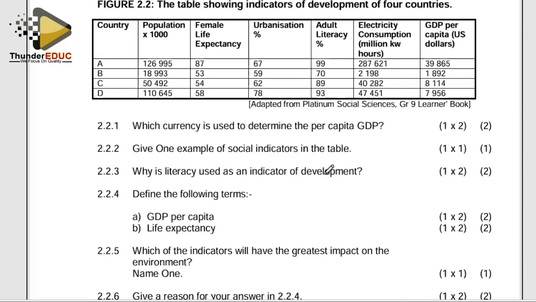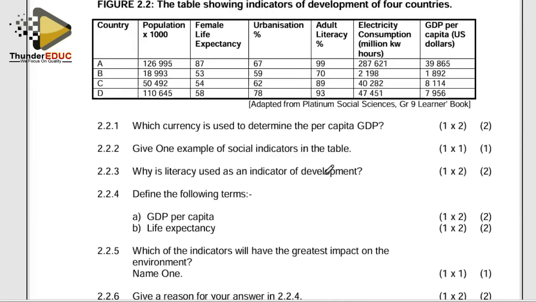We have also 7,956. So these are our indicators of development that we can relate to for us to be able to figure out if a country can be classified as a developed country or a developing country. By merely looking at these statistics, we can figure out the picture of the differences in the lives in those different countries by looking at those indicators that we have.